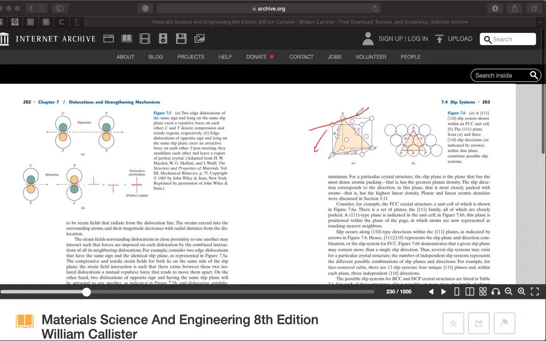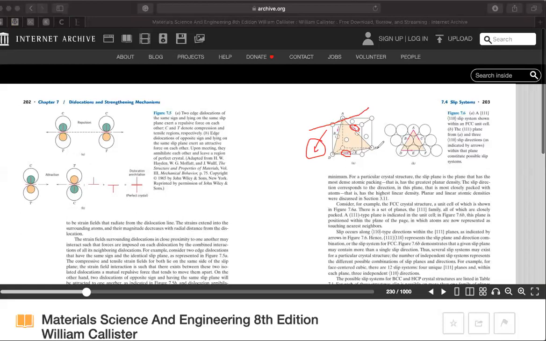The combination of this direction and this plane is called a slip system. The combination of this plane and this other direction is another slip system. And the combination of this plane and the DF direction is yet another slip system. So the combination of each slip plane and slip direction is called a slip system.